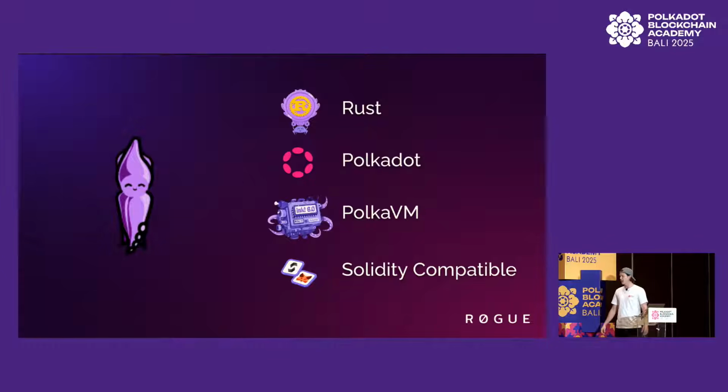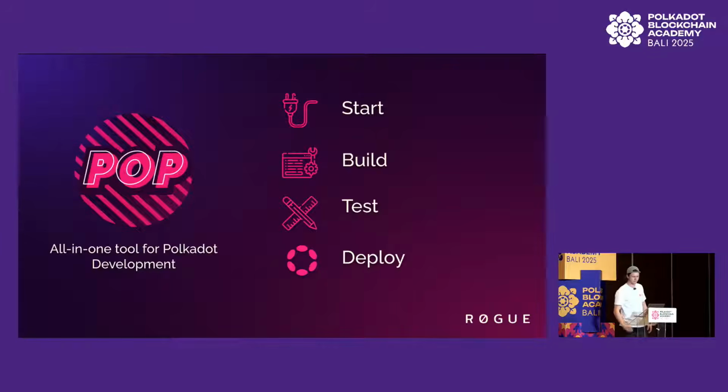Before it was Parity, and they did a really good job. Ink is a really solid language. Right now we have been working on making it compatible and ready for PolkaVM and the Polkadot Hub. It's now also Solidity compatible, so Ink contracts can interact with Solidity contracts, tooling can be used, etc., so that we can really coexist on this Polkadot Hub.